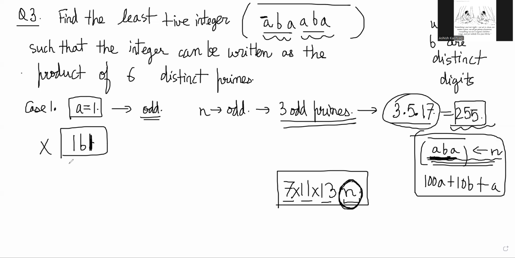So this doesn't work out, because 255 is too big. Then we start looking at A equal to 2 maybe, right?